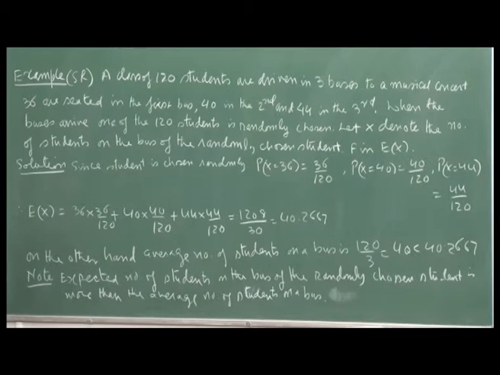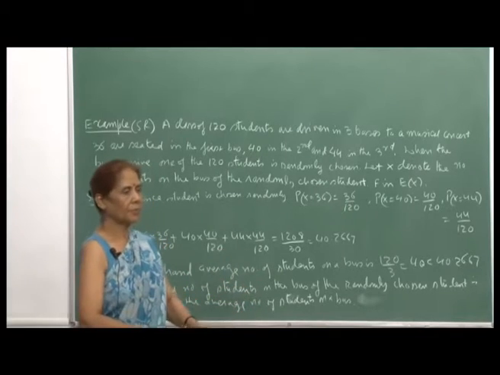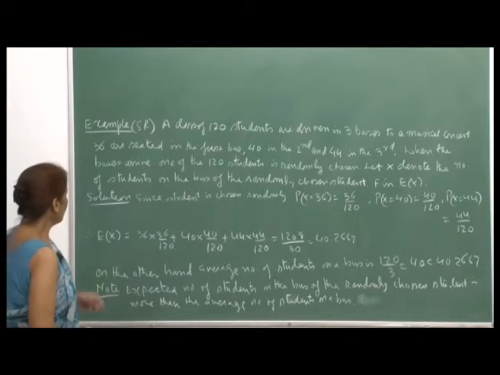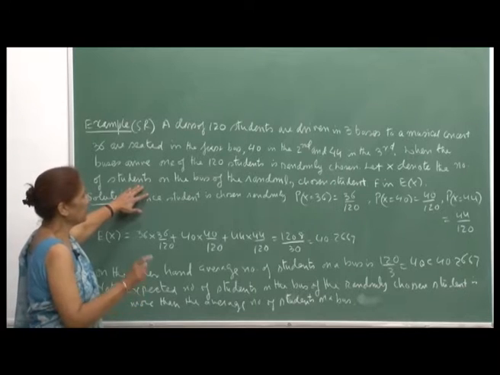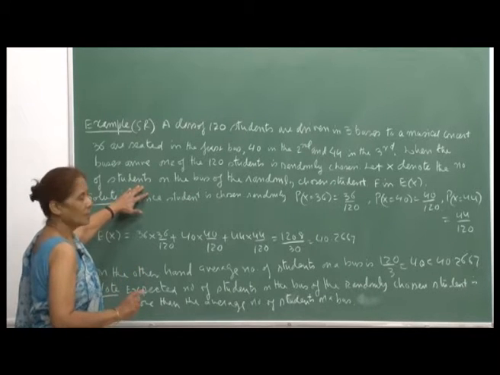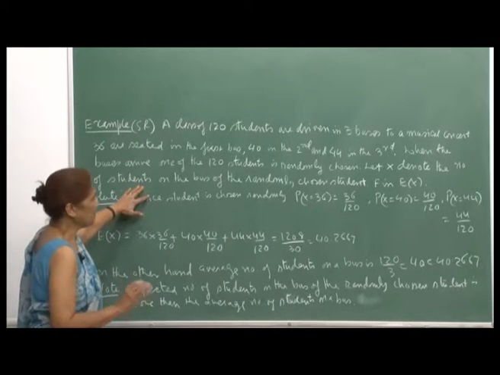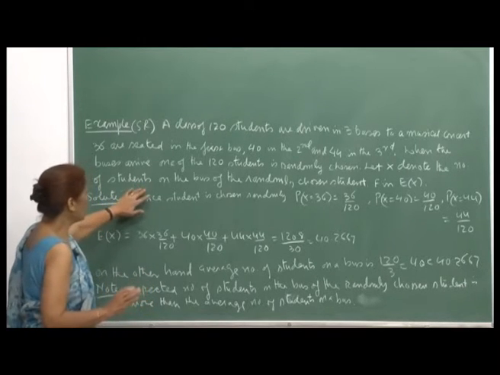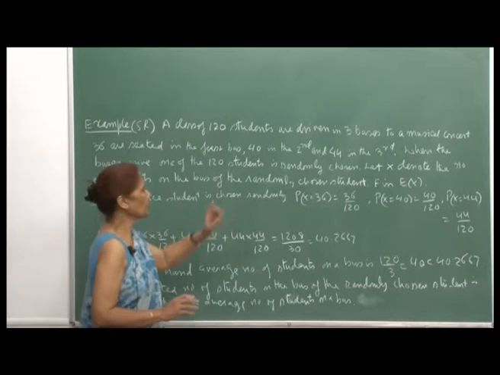When the buses arrive, one of the 120 students is randomly chosen, from the group of those who all get down from the bus. One student gets picked up. Let x denote the number of students on the bus of the randomly chosen student. Now, carefully understand the event that I am telling you. X is the number of students on the bus of the randomly chosen student.